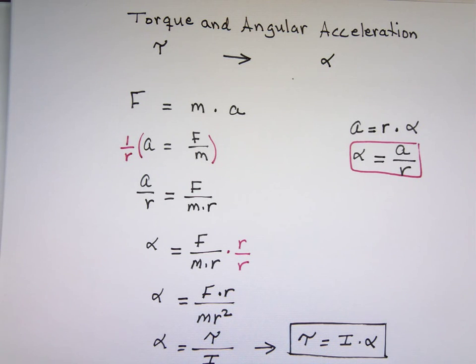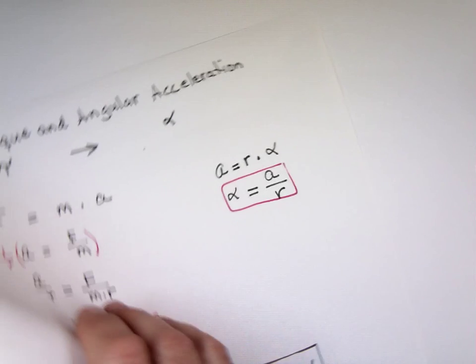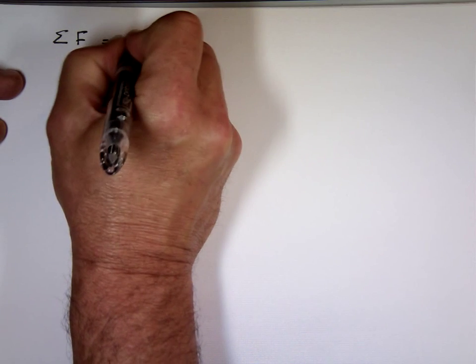Let's look at some examples here with torque. So this is actually really Newton's second law. Newton's second law says the net force equals mass times acceleration, right?